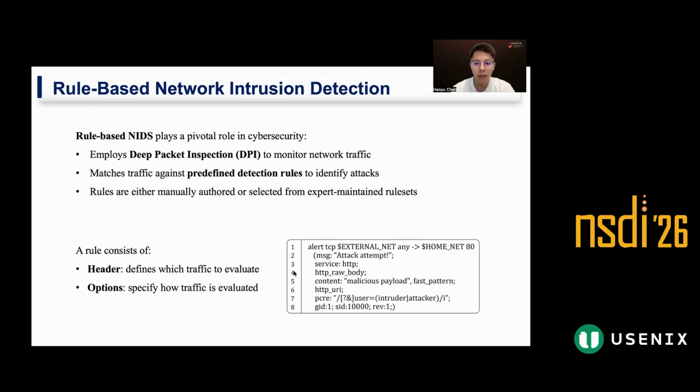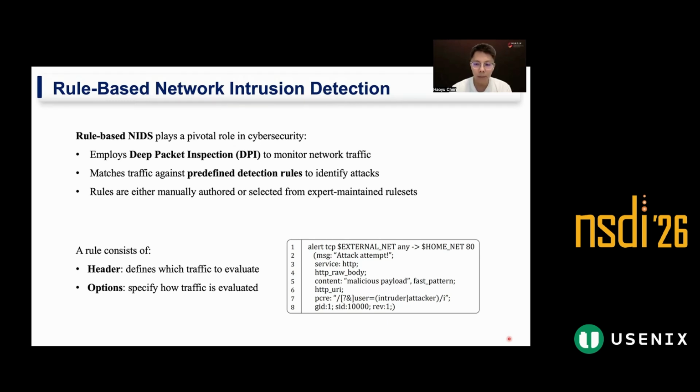The first part is the header, like the first line. It specifies which traffic should be evaluated. For example, it may define the protocol, source, and destination addresses. The second part is the options, the rest part of it. They specify how the traffic should be evaluated.